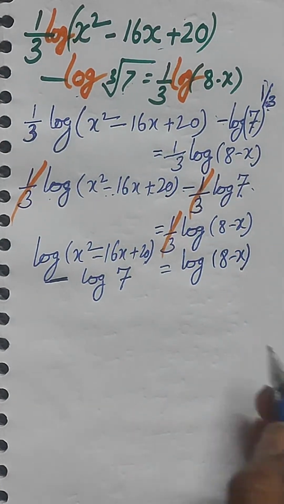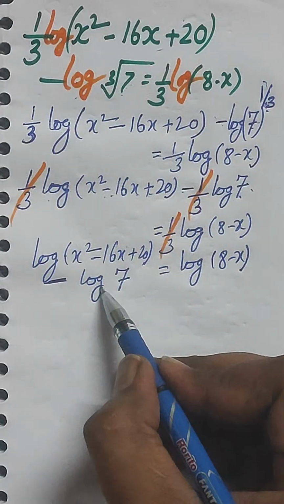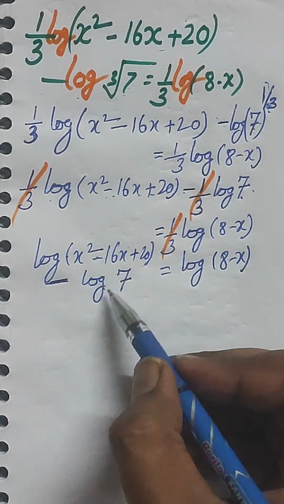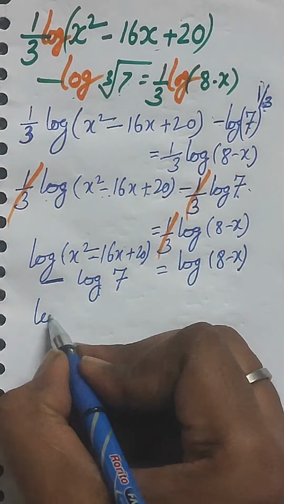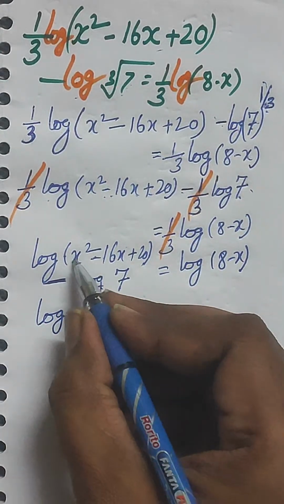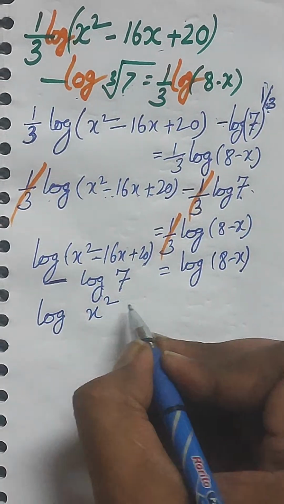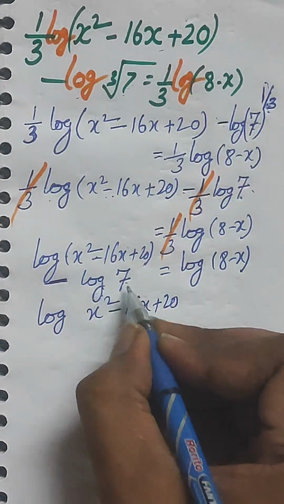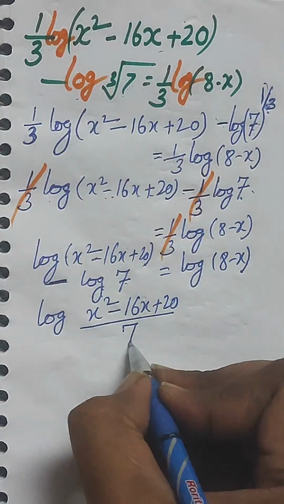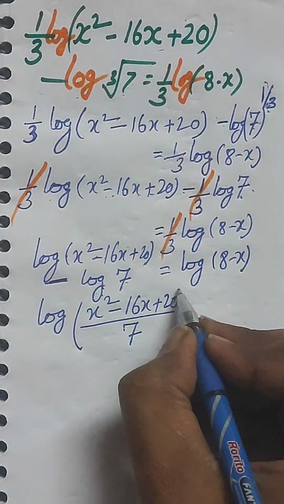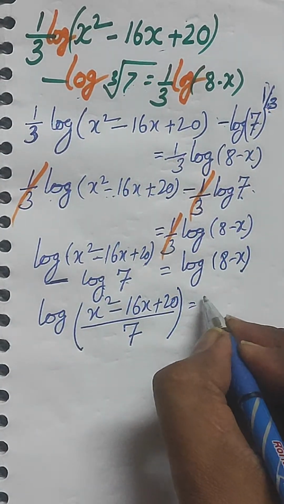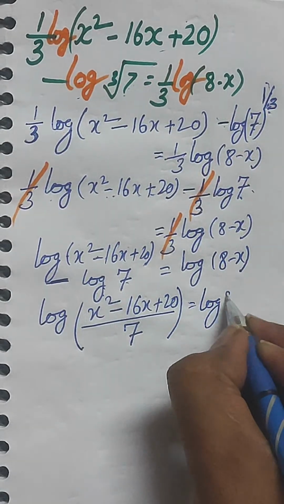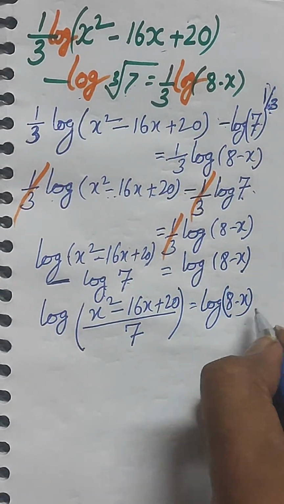Log of a minus log of b can be written as log of a by b, right? So x square minus 16x plus 20, and this 7 will go into the denominator of the LHS inside the logarithm. And on the RHS we have, as it is, log of 8 minus x, right?